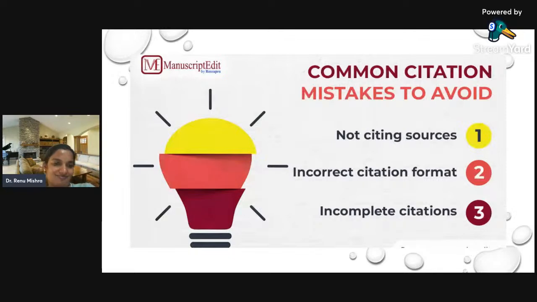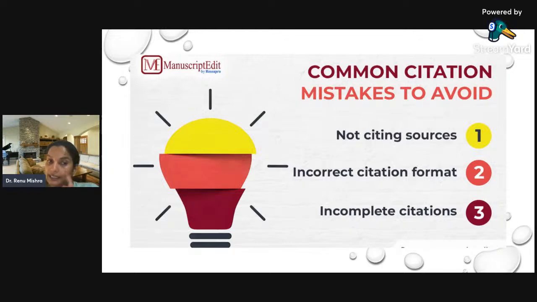Second, it adds to your chance of rejection. Somewhere it is APA, somewhere it is Harvard. So it is very, very important that you carry on with the same style of citations everywhere.